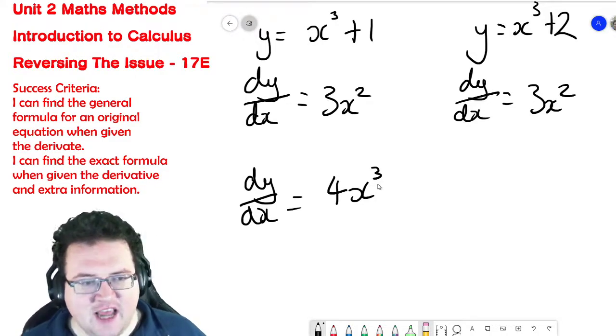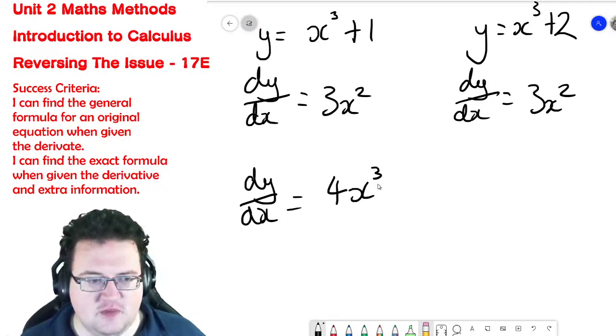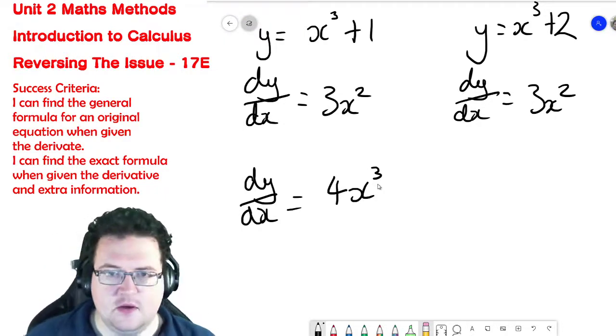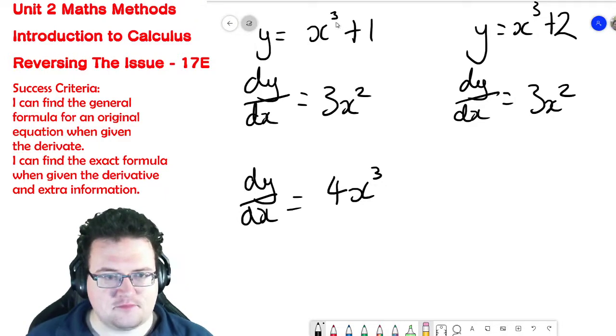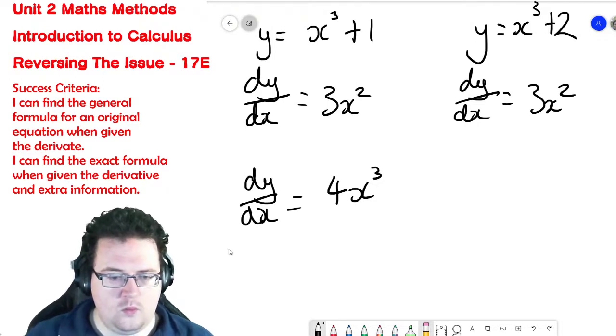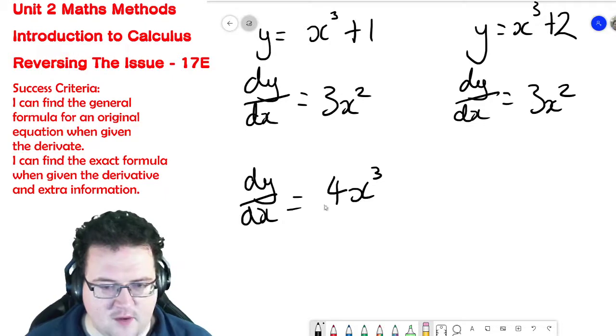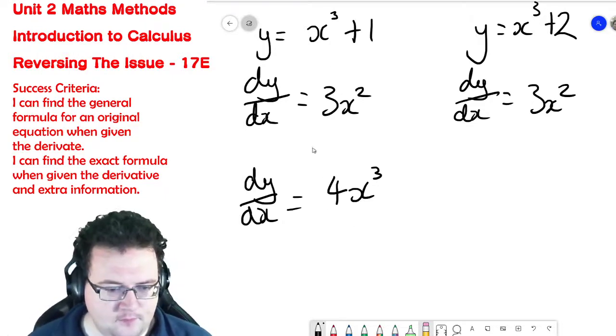Think about how we take the derivative and find the derivative in the first place and then reverse it. So what we do is we take the 3, drop it down the front, and then subtract 1 from the power. Yep, I got someone in there with the correct answer.